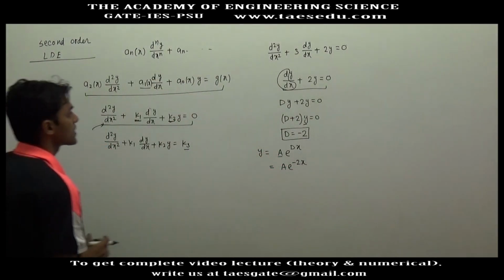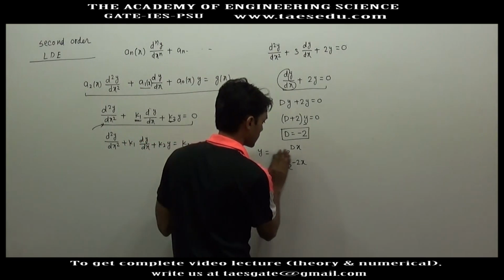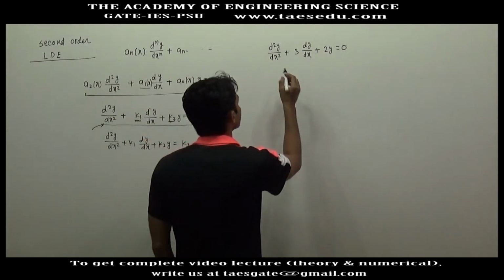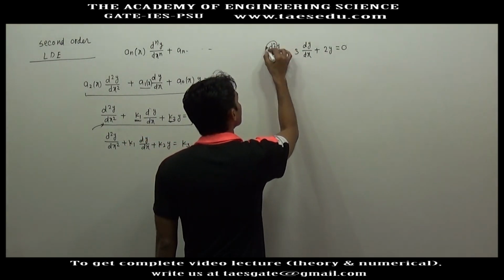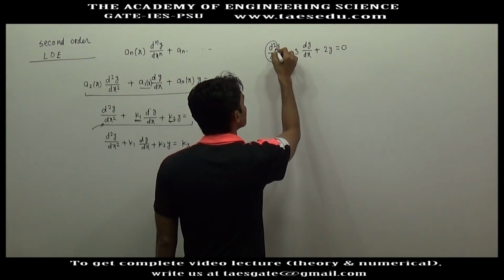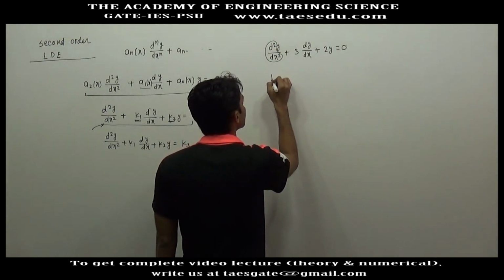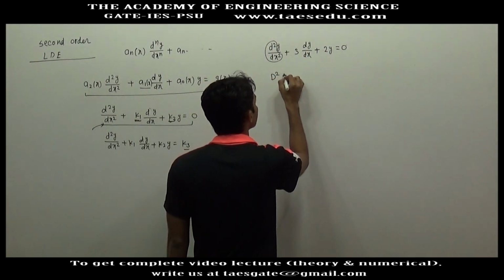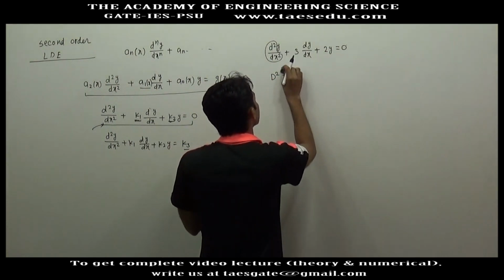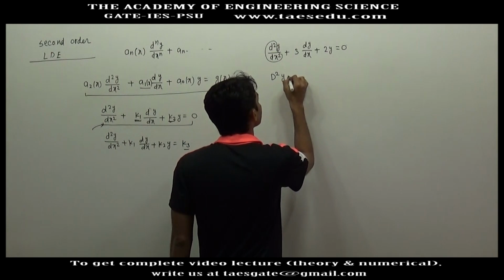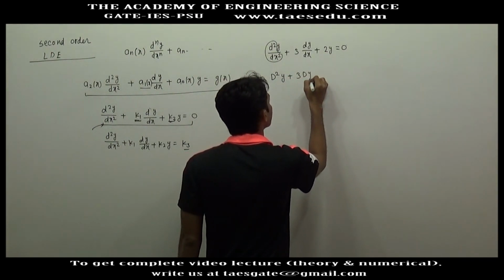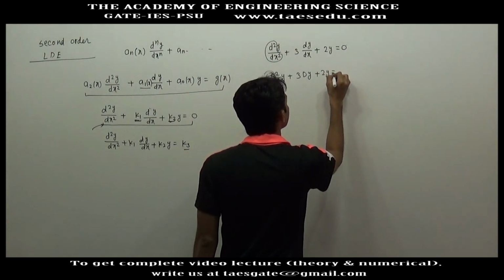So this is a into e to power minus 2x. Similarly for the second order case, what we can write is, this will be d square y by dx square, meaning the second order derivative of y, so D square y plus 3Dy plus 2y equal to 0.